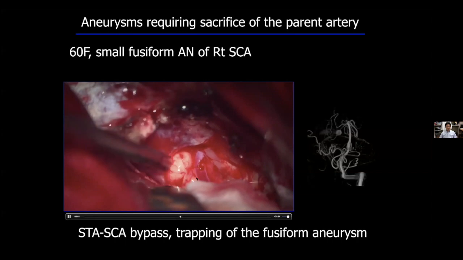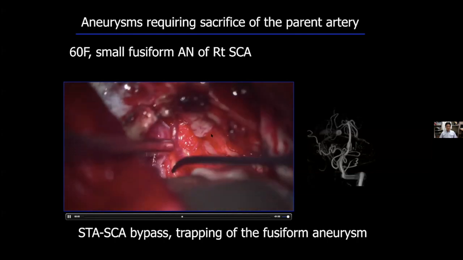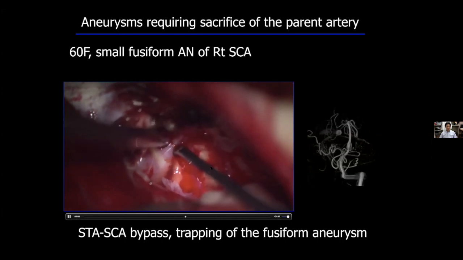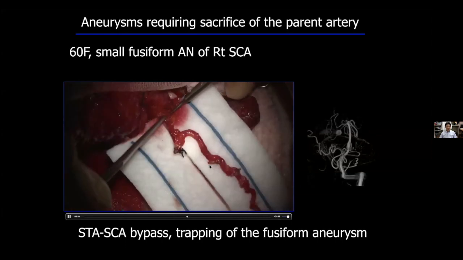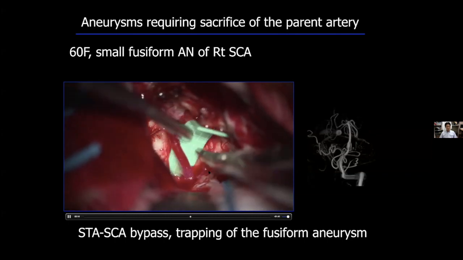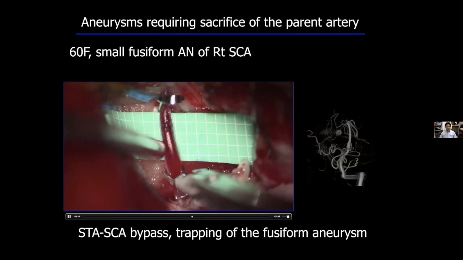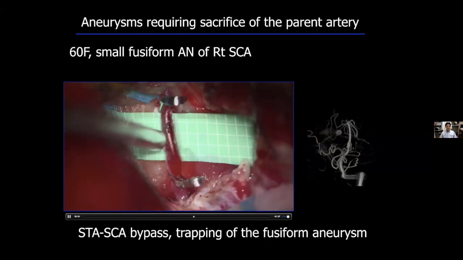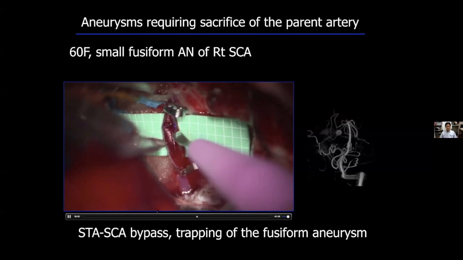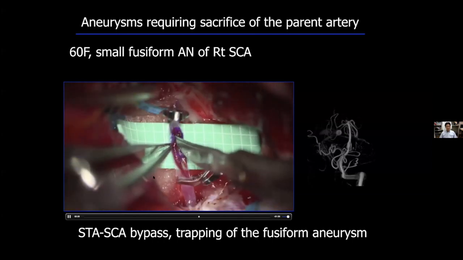So as you see here, by drilling the petrous apex, I could obtain ample space for making the anastomosis. By doing this, as you see here, we can avoid too much retraction of the temporal lobe.